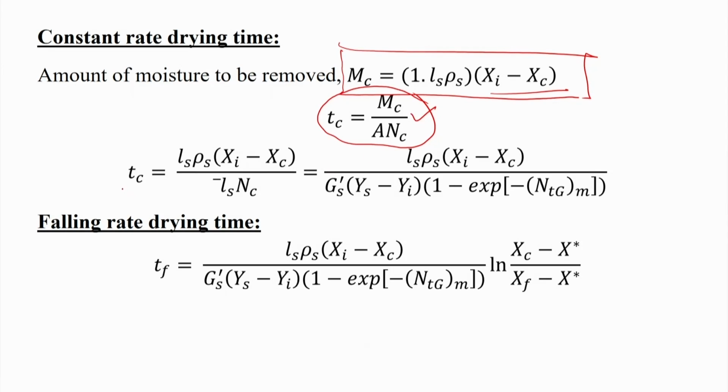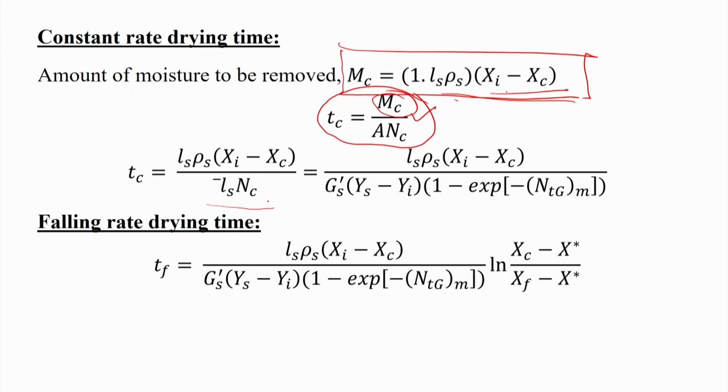So, just by putting this m c in this equation, in place of this m c we put L s into rho s into x I minus x c, and we get T c equal to L s into rho s into x I minus x c divided by L s into n c.